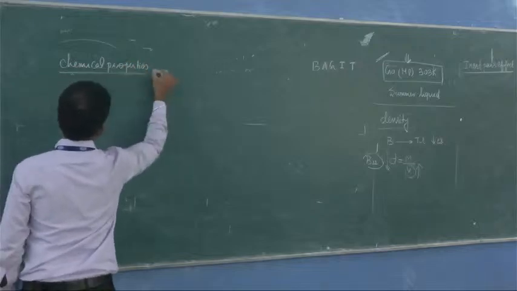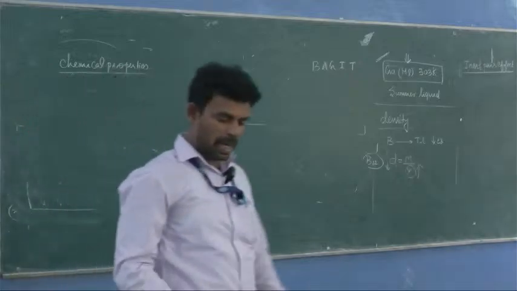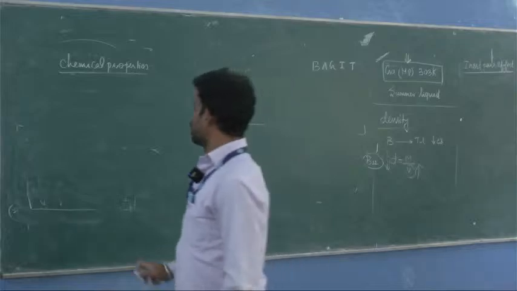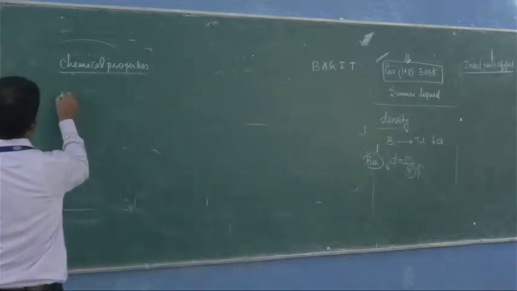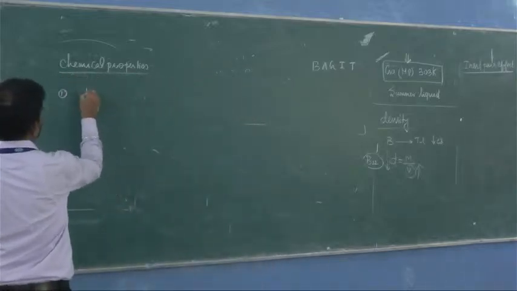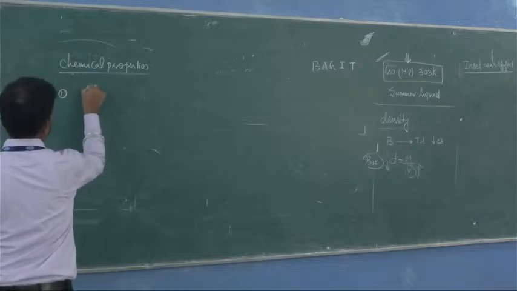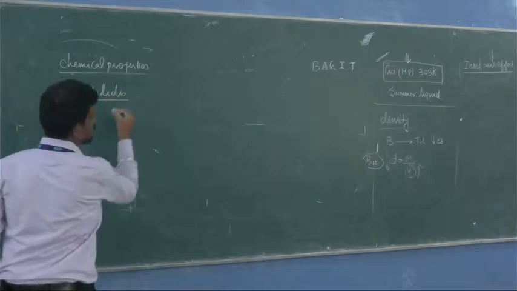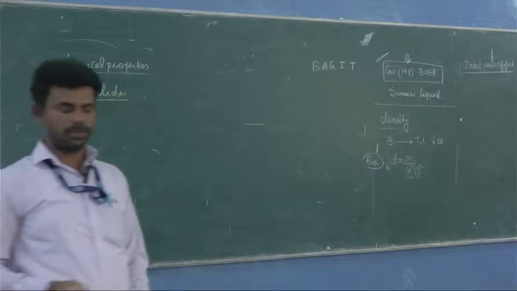Okay, chemical properties. Is it clear? Chemical properties are going to be important. Okay, first we are going to discuss boron halides, or halides of boron. Halides of boron.